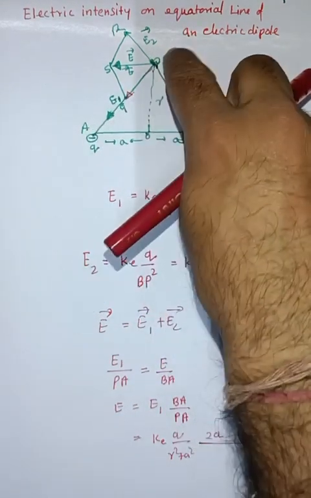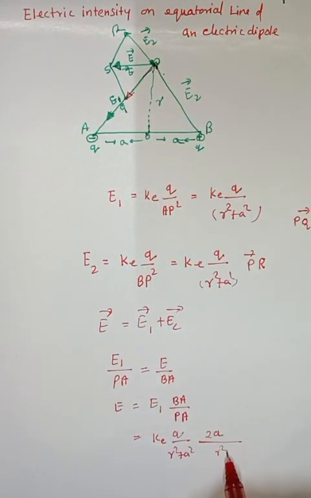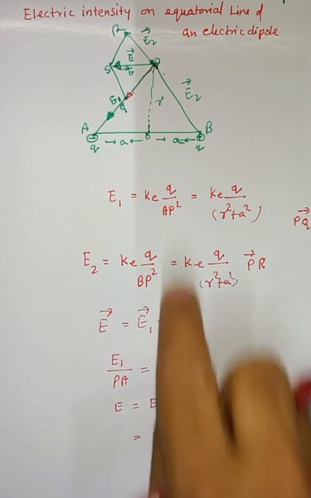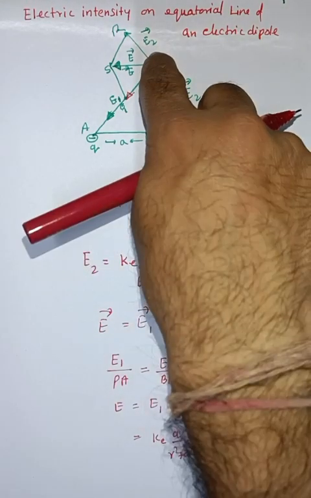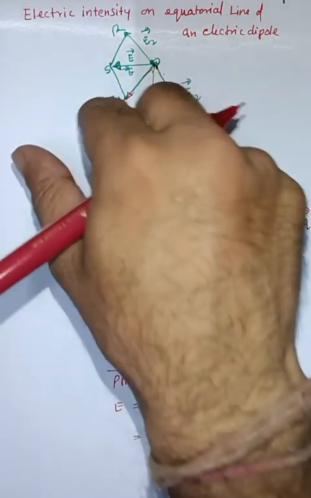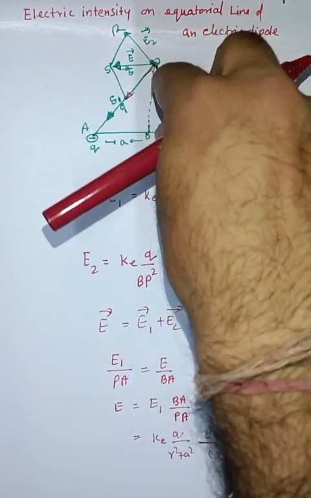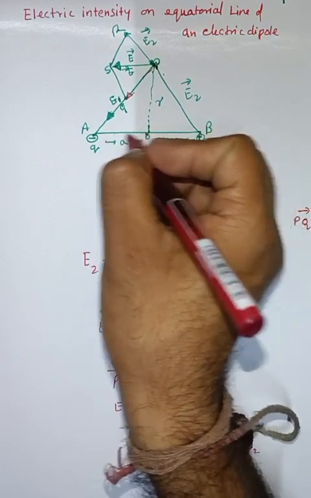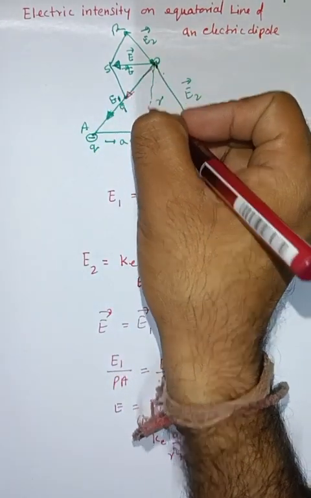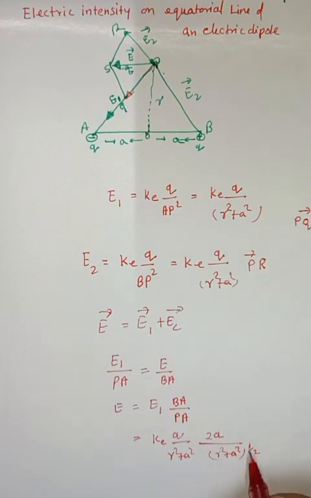See, PA is equal to PB, we can take this as r square plus a square to the power 1 by 2. Why? PA is the hypotenuse, and hypotenuse square equals perpendicular square plus base square, so hypotenuse is equal to under root of p square plus b square. So under root is power 1 by 2. So it will become KE 2qa upon r square plus a square to the power 3 by 2.